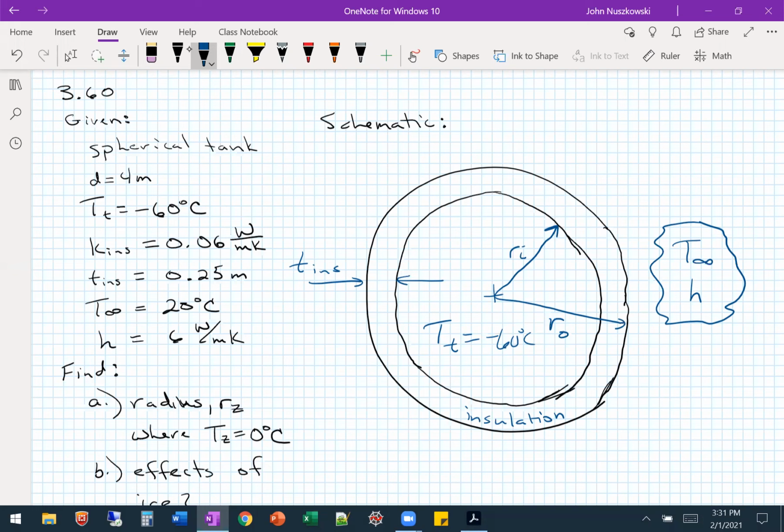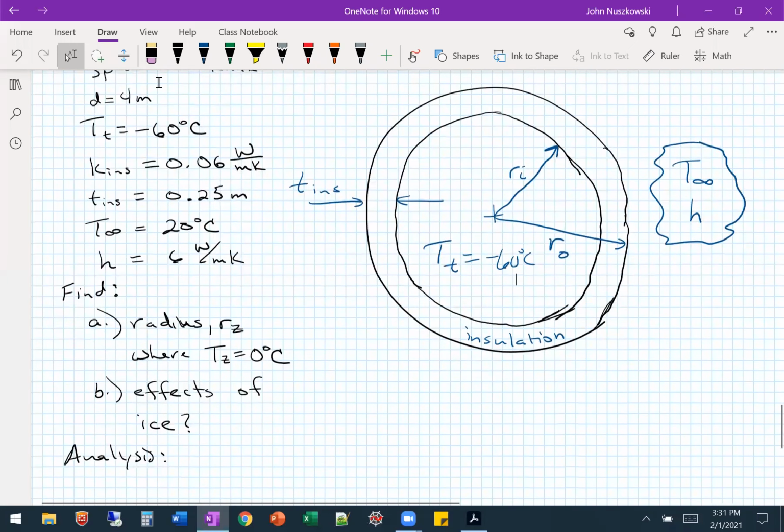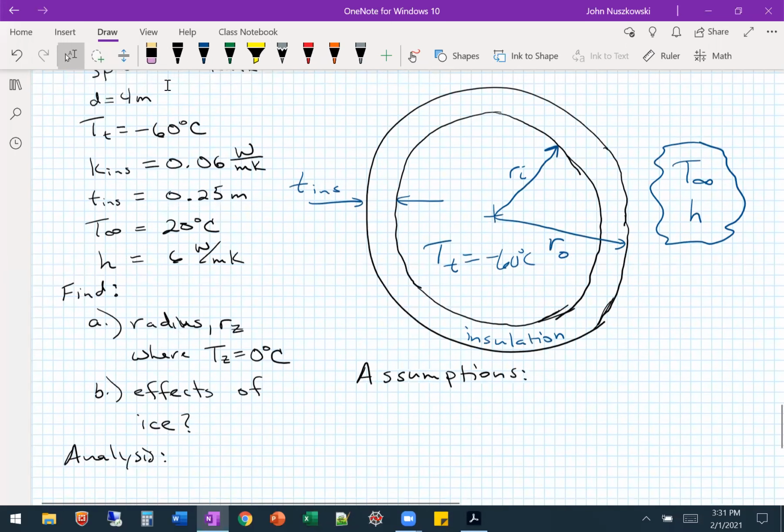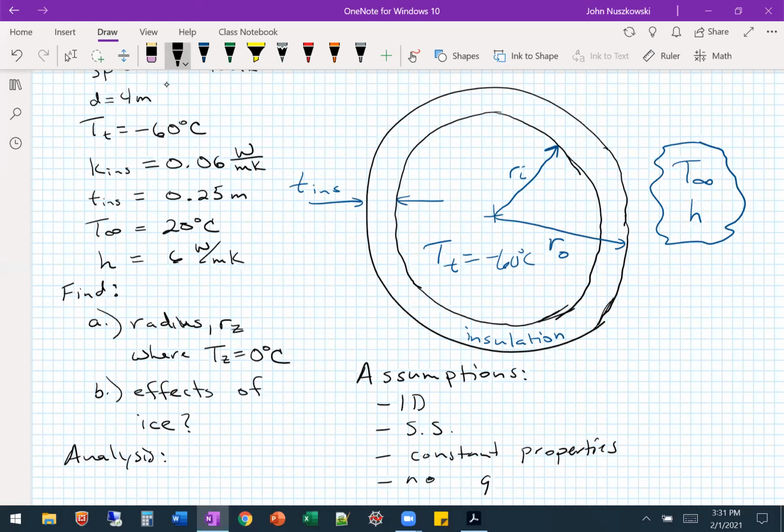Okay, so we can put our assumptions that we have for this section in the chapter, which is 1D, steady state, constant properties, and no thermal energy generation.